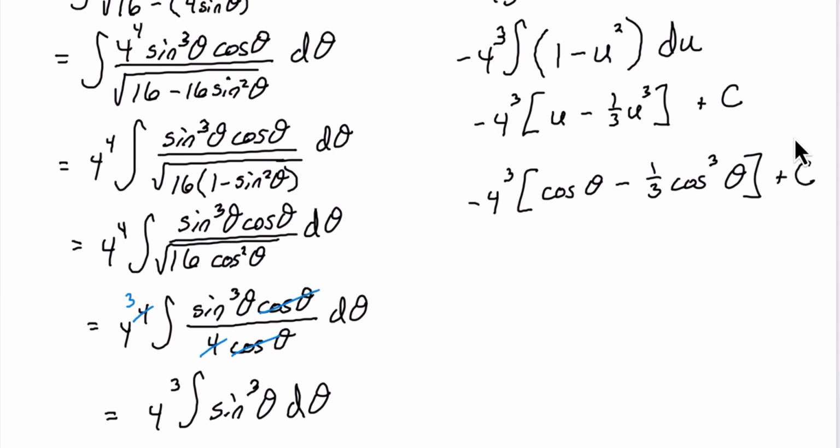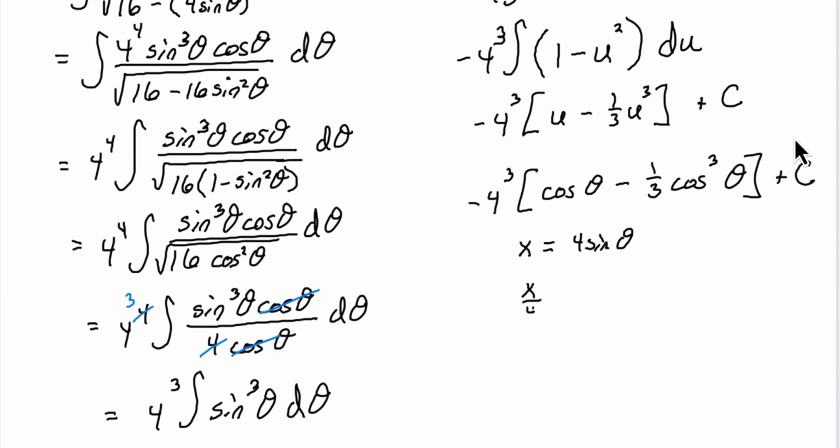Notice we're in terms of theta though. The original problem is in terms of x. So we need to go back to the substitution we made. We said that x is 4 sine theta. We'll use a triangle to help us find those values now. Let's divide both sides by 4.